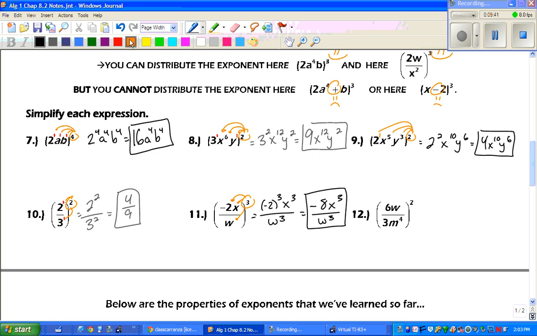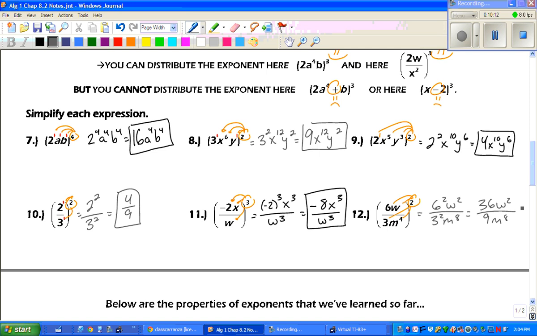All right, and number 12. Distribute to everything, which gives us 6 squared w squared over 3 squared m to the 8th. 6 squared is 36. 3 squared is 9.